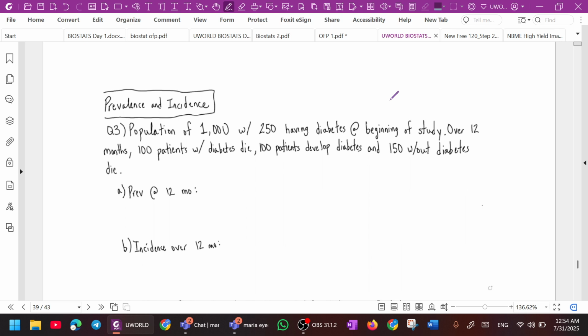Over the 12 months, 100 patients with diabetes die, 100 patients develop diabetes, and 150 without diabetes die. 100 patients with diabetes die, 100 patients develop diabetes, and 100 patients without diabetes die.